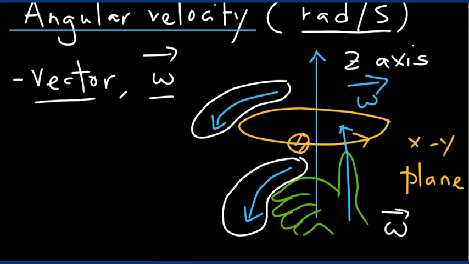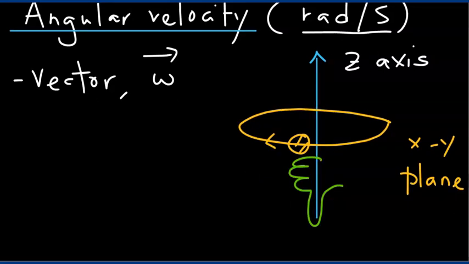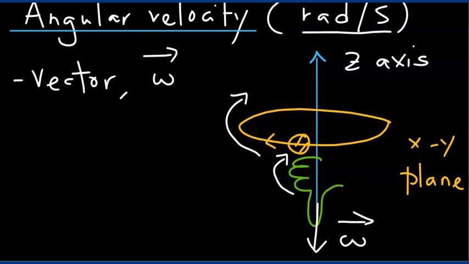Namely, in this case, it will point along the positive z-axis. Likewise, if the object is moving in that direction, and if you curl your fingers in the same direction like that, then your thumb is now pointing downwards, opposite to the positive z-axis, and that represents the direction of the angular velocity. So that is the right-hand rule.